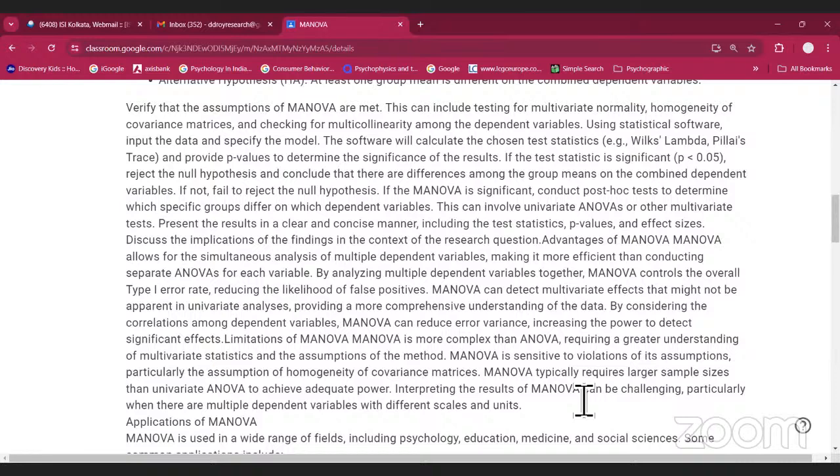MANOVA typically requires larger sample sizes than univariate ANOVA to achieve adequate power. Interpreting the results of MANOVA can be challenging, particularly when there are multiple dependent variables with different scales and units.